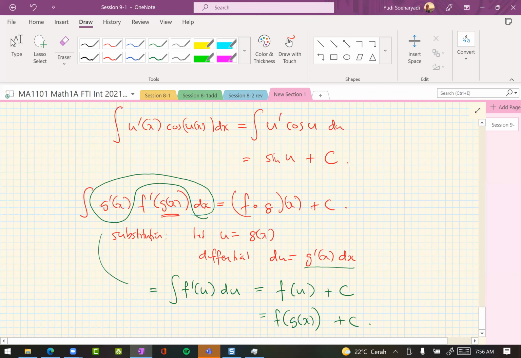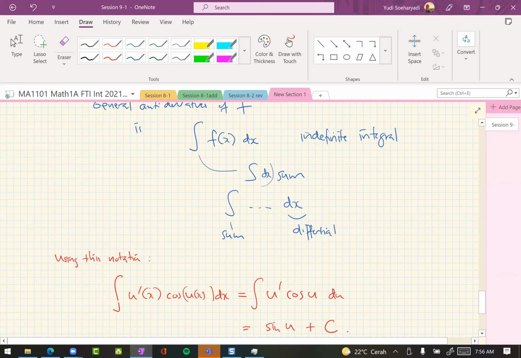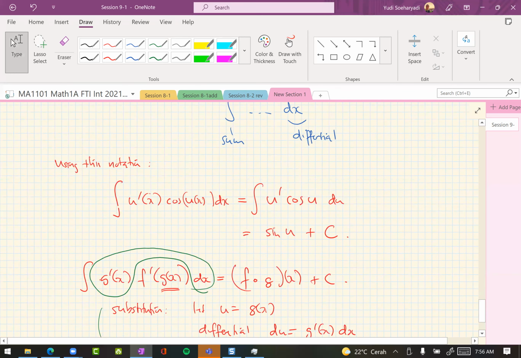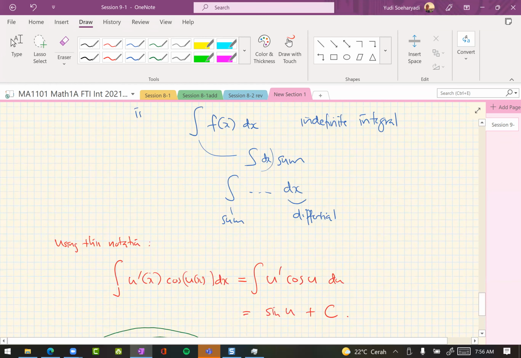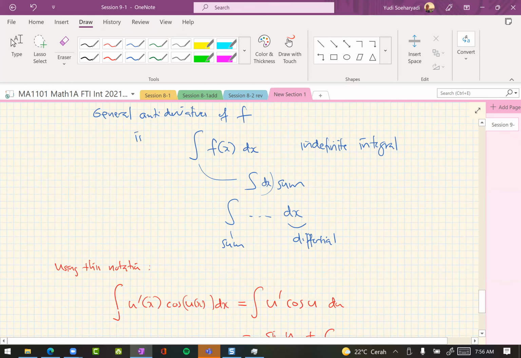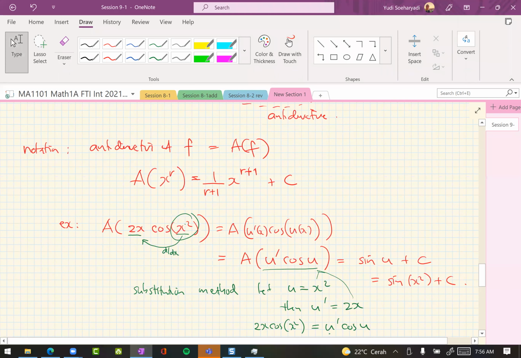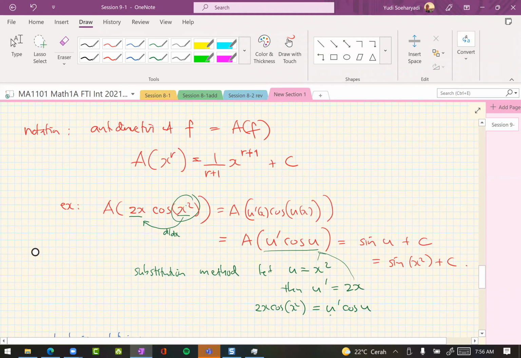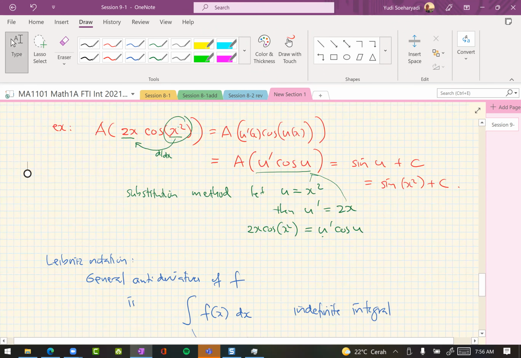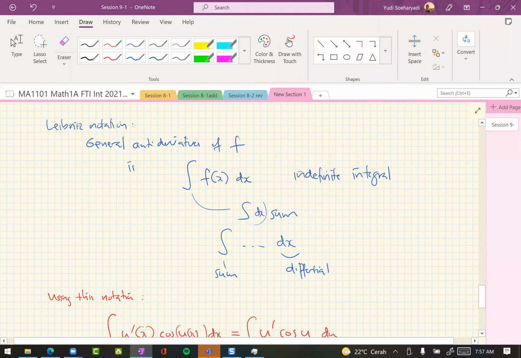So our conclusion here is that the substitution method is really the inverse of the chain rule. Going from function to derivative, you have the chain rule. When you reverse the chain rule, you get this substitution method.